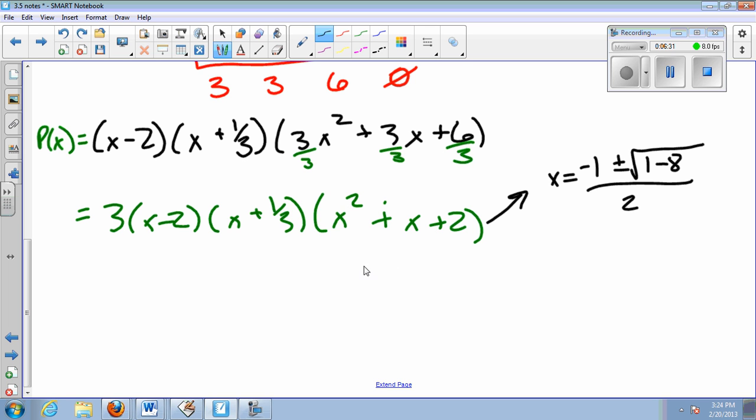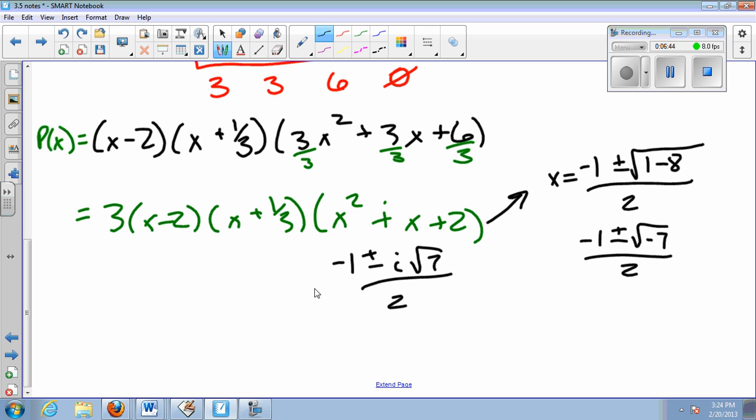So this one gives us 2 answers: -1 plus or minus root -7 over 2, which goes to -1 plus or minus i root 7 over 2. We also get -1/3 and 2.